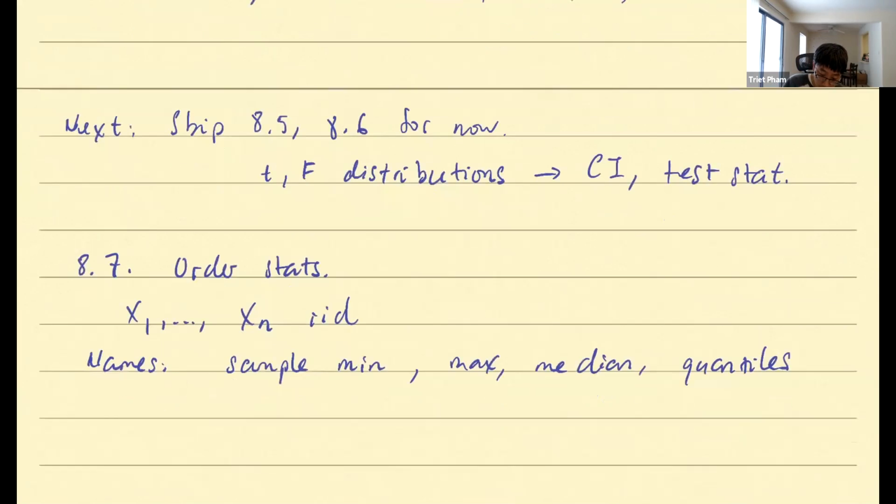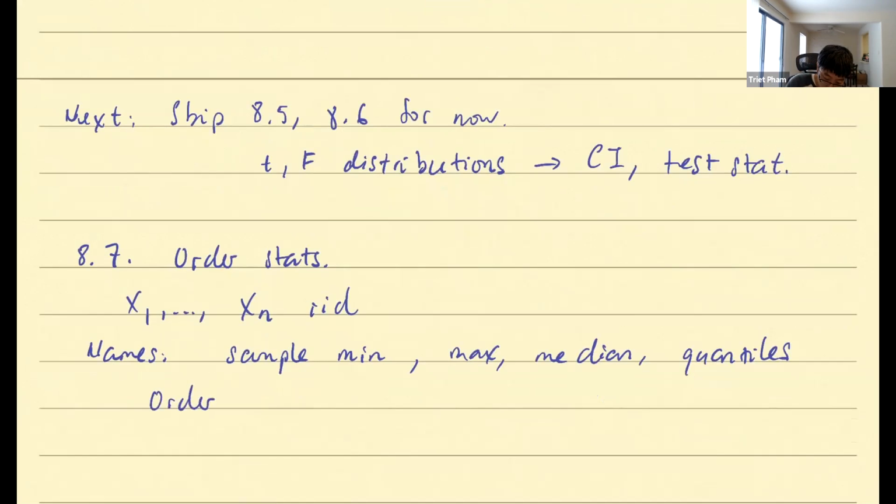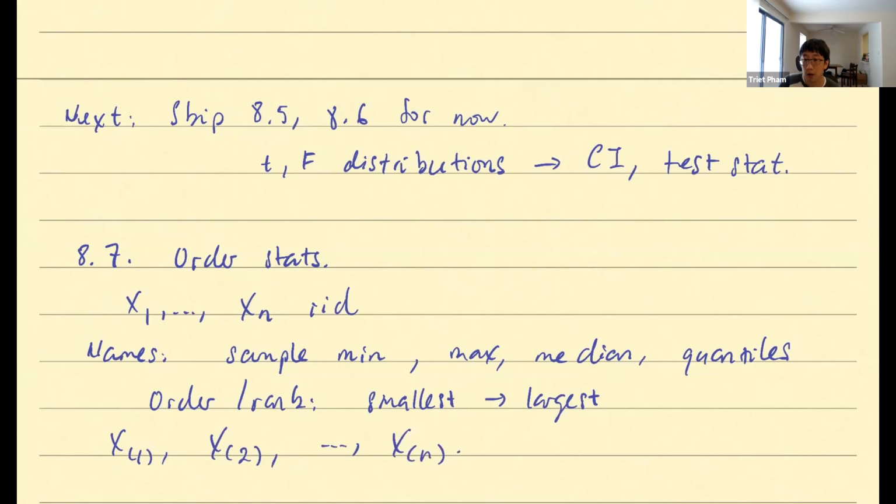If you were to order or rank them, from smallest to largest, that's always the assumption, then you get x(1), x(2), up to x(n). So pay attention to my notation. There is a parenthesis around the subscript. When you see this, you automatically think order statistics.